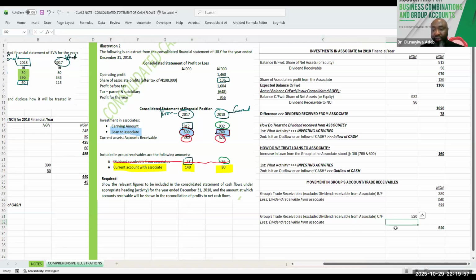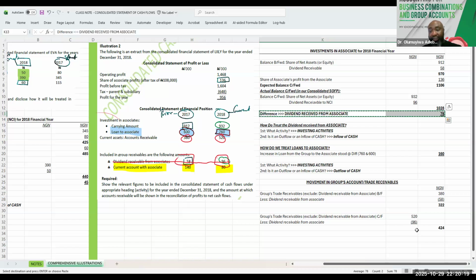And let us take out the 96, similar to how we took out the 58. But the 96 is at the end of the year. Therefore, 96, we take it out. This is 424. Now I'll compare the difference between that and see what it is.